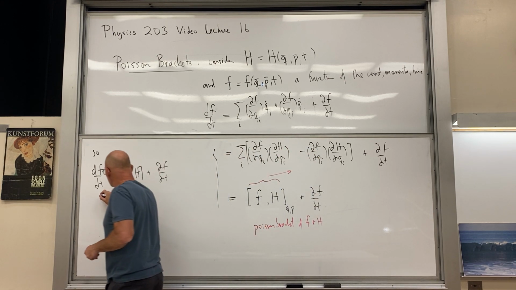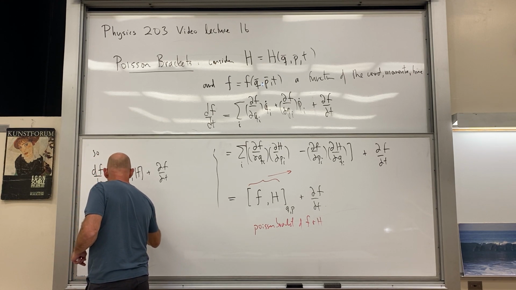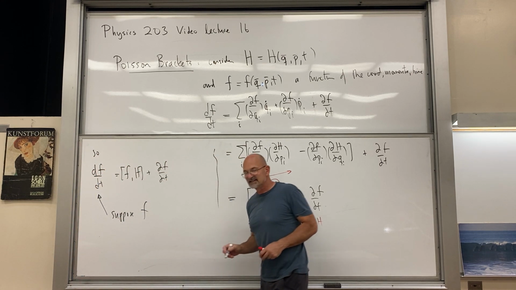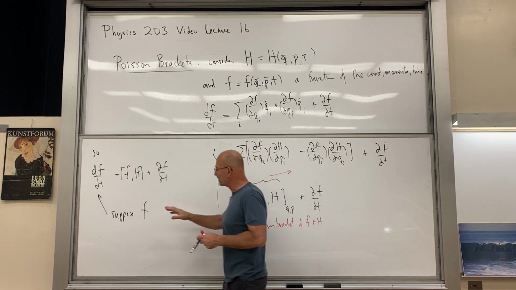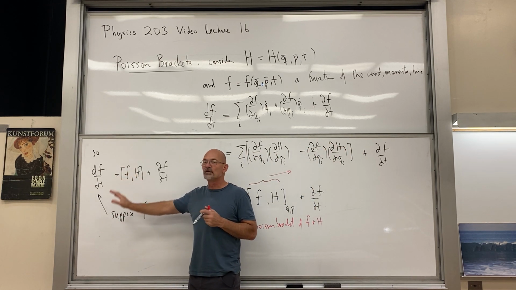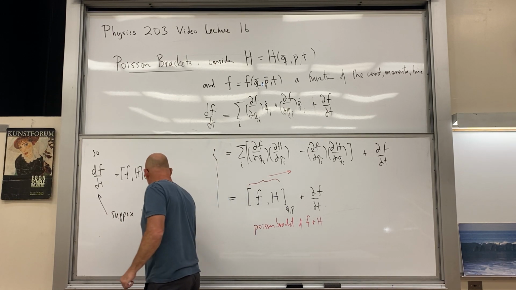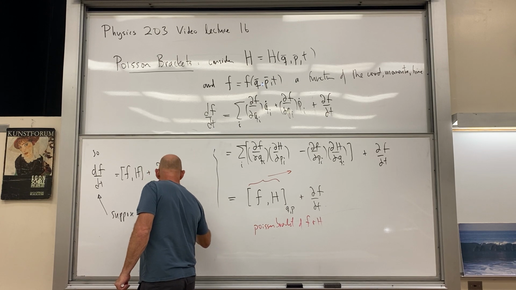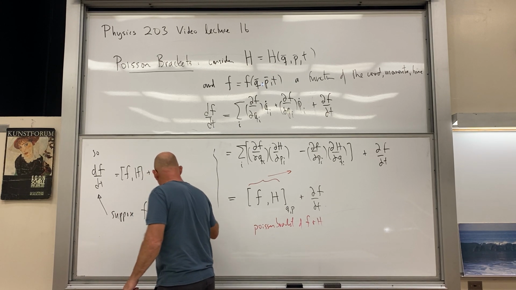Well, suppose that f is a constant of the motion. Okay. In other words, suppose f is a conserved quantity. We refer to it as an integral of the motion. So this is just standard terminology.